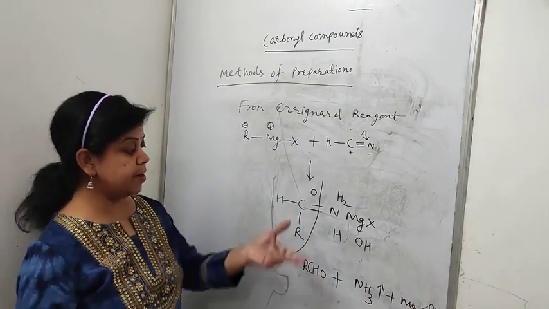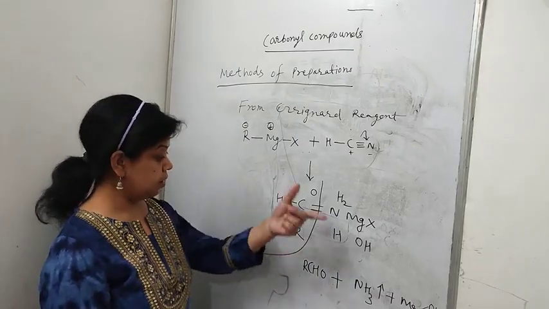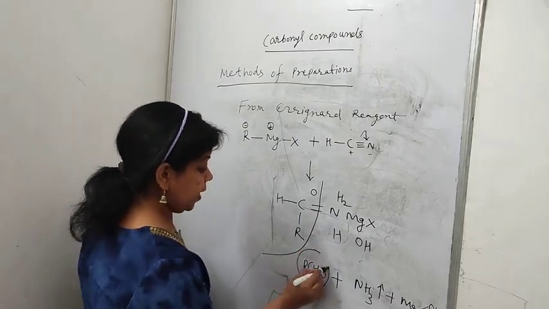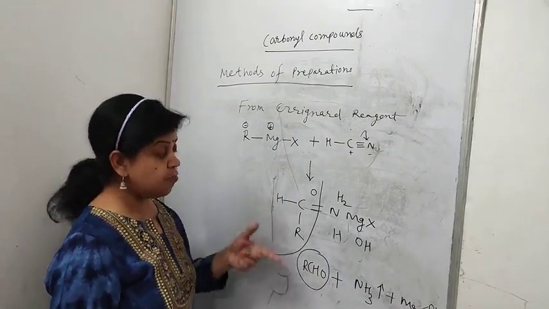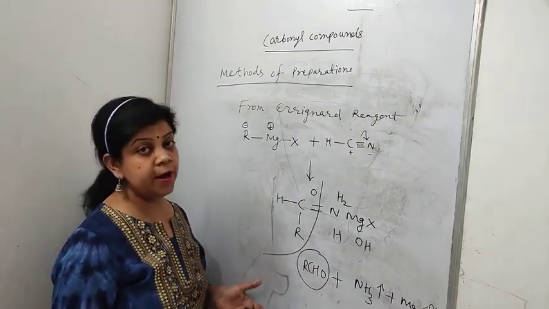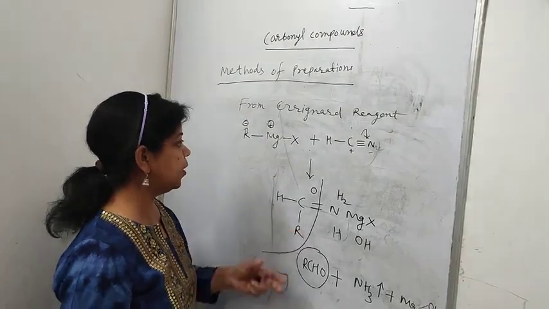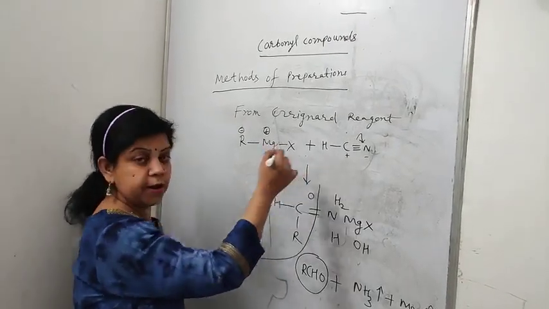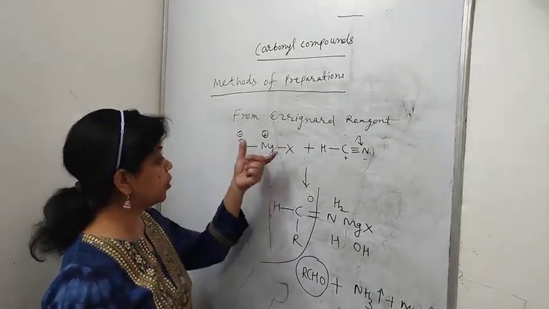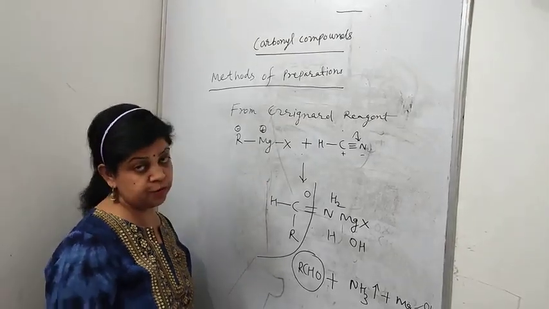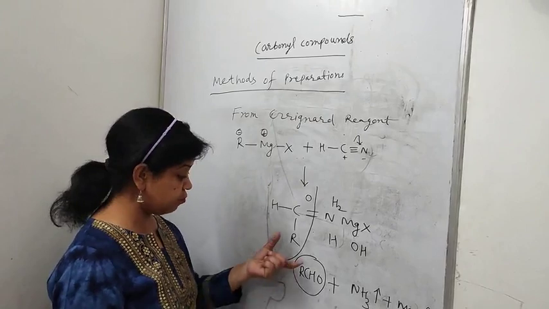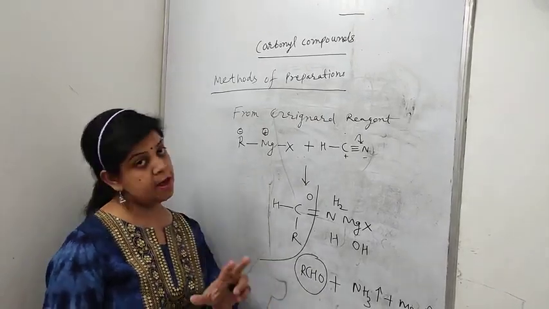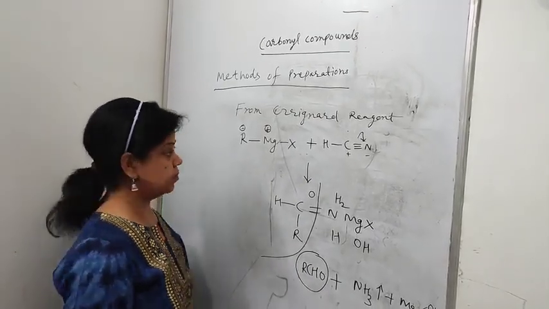So by this we can prepare our aldehyde. But you can't prepare formaldehyde by this. The reason is very simple, because HCN already contains 1 carbon and your Grignard reagent also contains 1 carbon. So the simplest aldehyde which will form by this reaction is acetaldehyde.